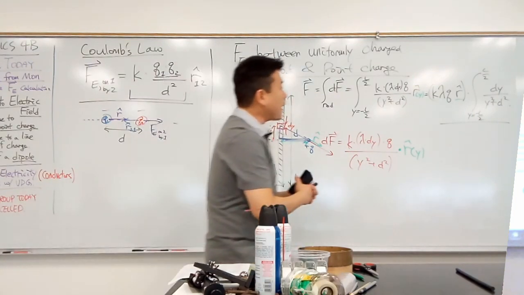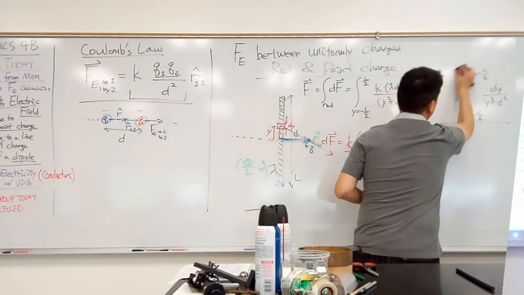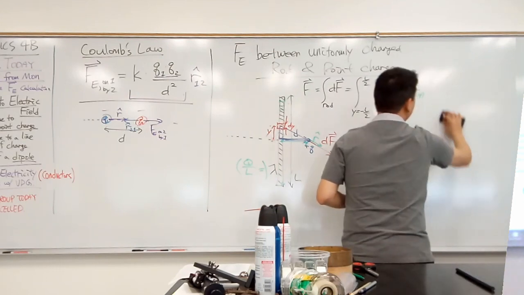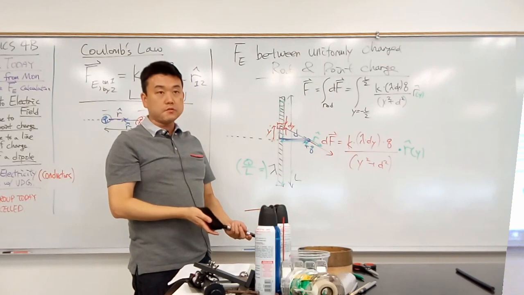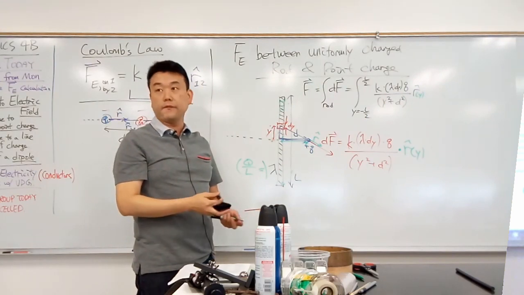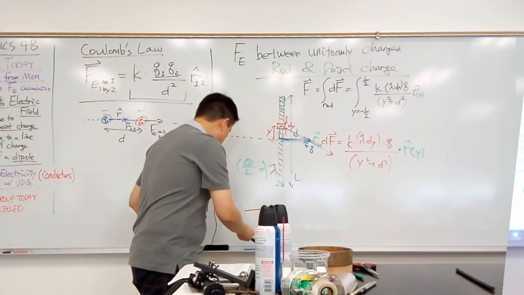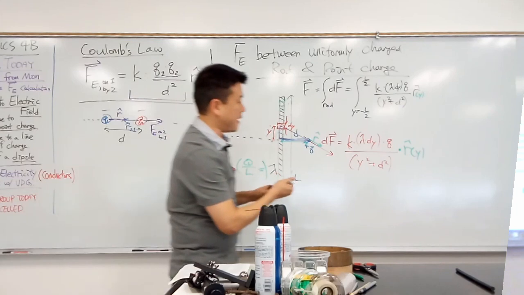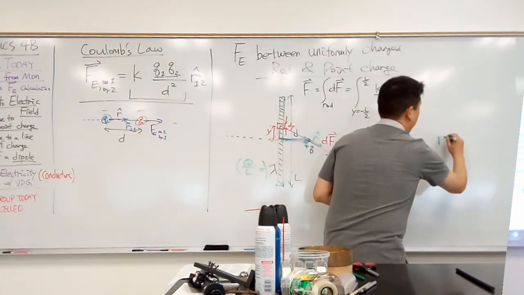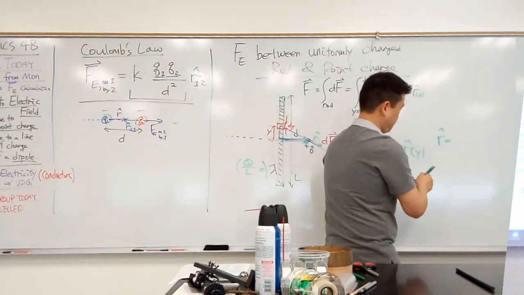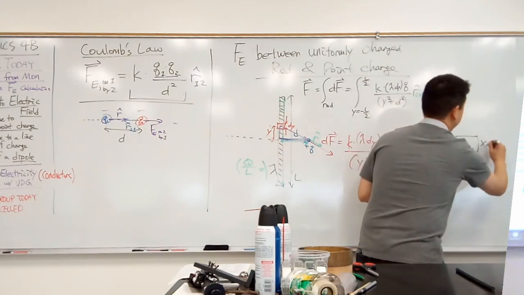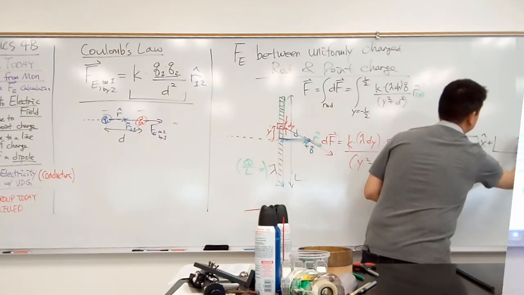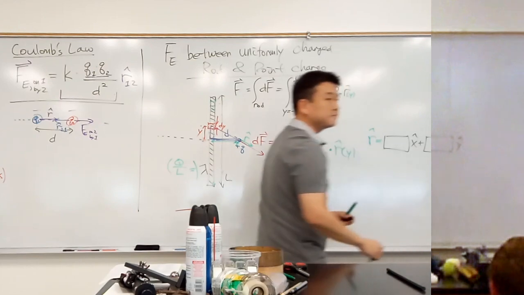And so what I need to do is a more careful job of expressing this r hat in terms of the constant unit vectors. So what I really need to do is go through this step. Say that r hat is equal to something times x hat plus something times y hat. Oh, darn.